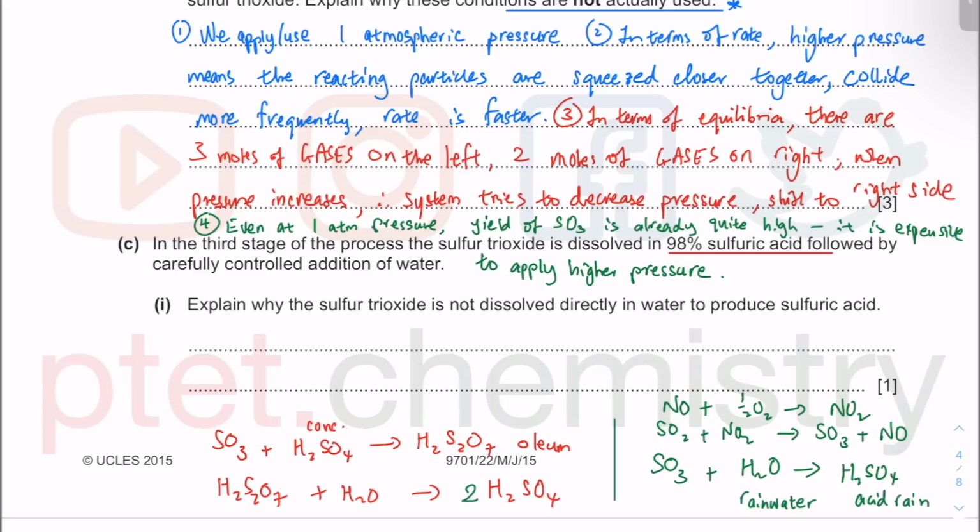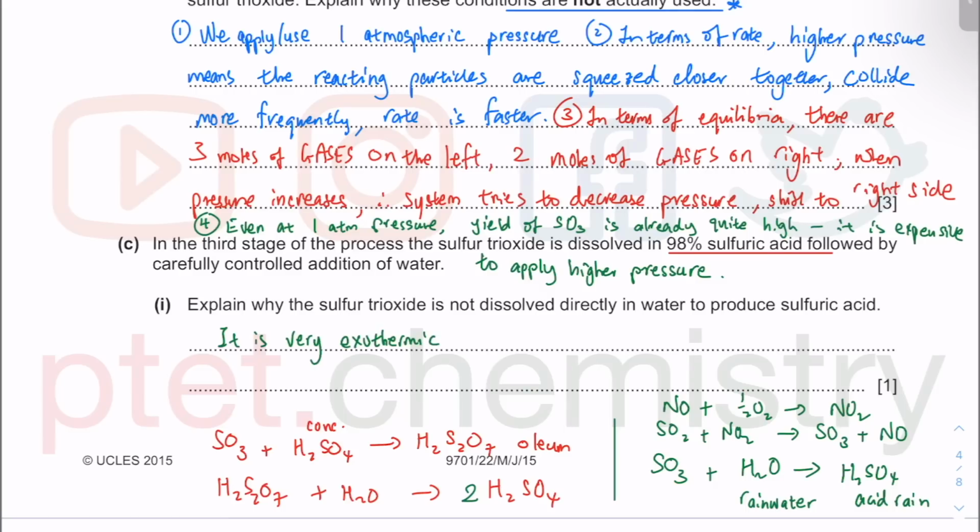So you will see that in the formation of acid rain, this is directly done. But in industry, this is a man-made process. This is natural atmospheric formation of acid rain. We don't add the SO3 into water straight away in industry because it's actually very, very exothermic. So we are dealing with human life in industry.